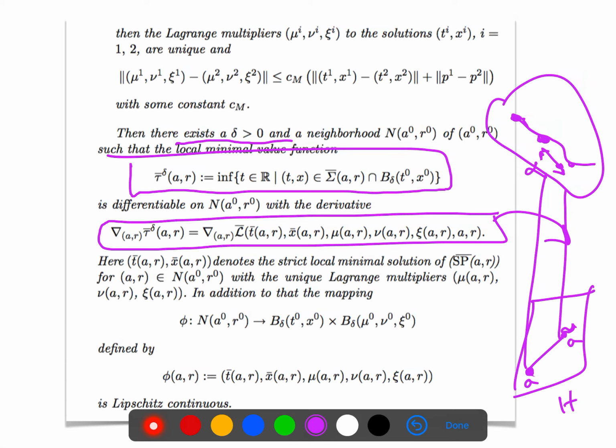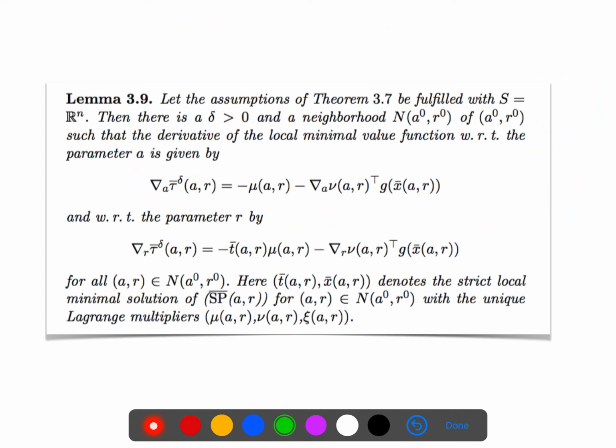So any two points on the efficient frontier, for example this one and this one, are equidistant, and the distance is alpha. And so we need this. We need to know what the gradient of this value function is in order to prove that.